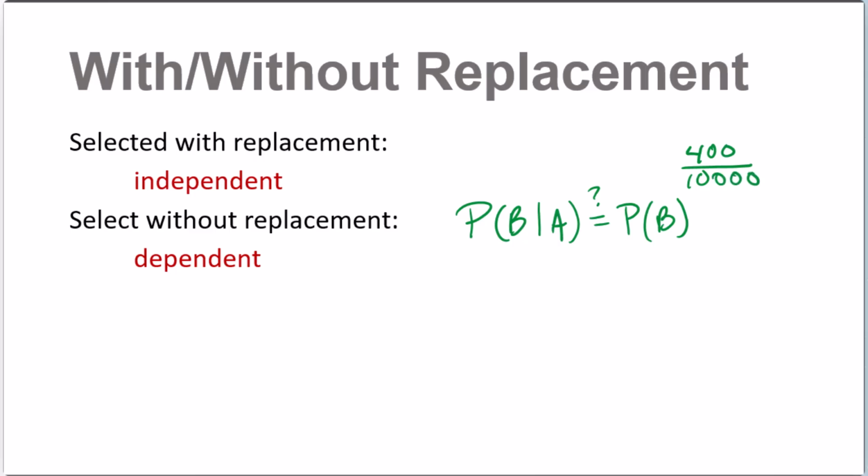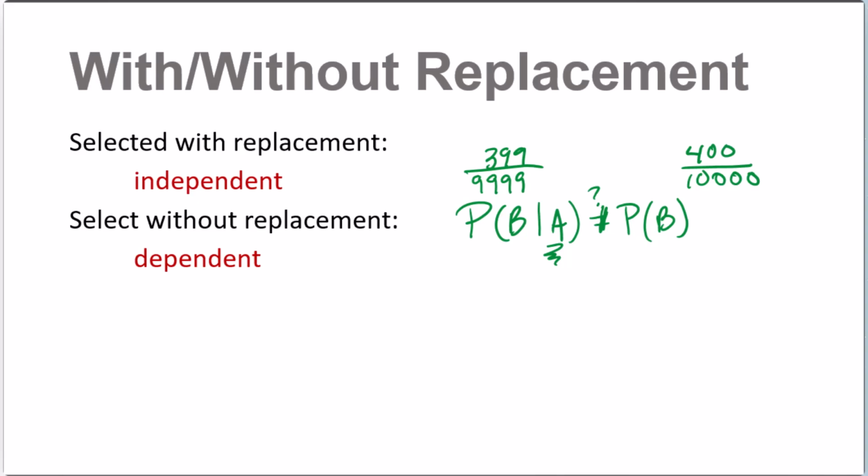If we assume that the first student we selected was someone who was graduating, and we didn't replace them before we selected the second student, that would mean that the remaining students was, instead of 10,000, 9,999, and the remaining students who were graduating would be 399. These probabilities are slightly different. By not returning the first student that I selected to the pool, I slightly affect the probability of the second student, in this case, graduating.